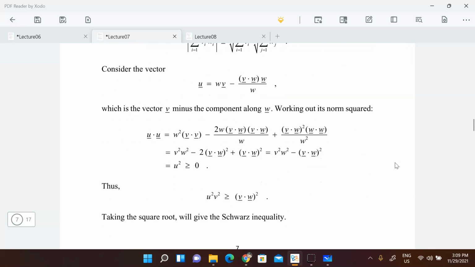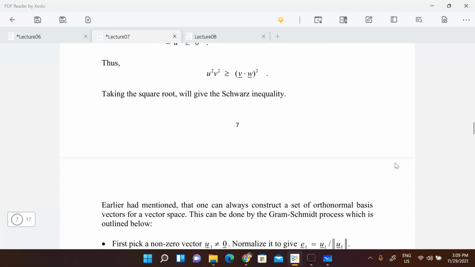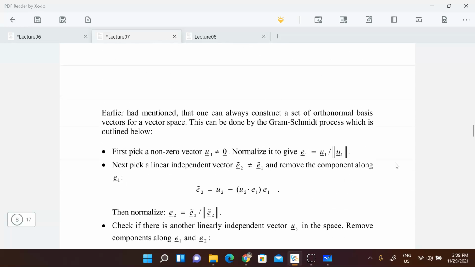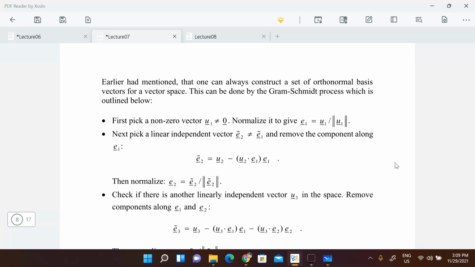This one I'm not going to go through. This is just some proof, and then the idea of the Gram-Schmidt process is that, given a set of vectors in a vector space, you can always try to find a basis, and the basis can be obtained through this process called the Gram-Schmidt process.